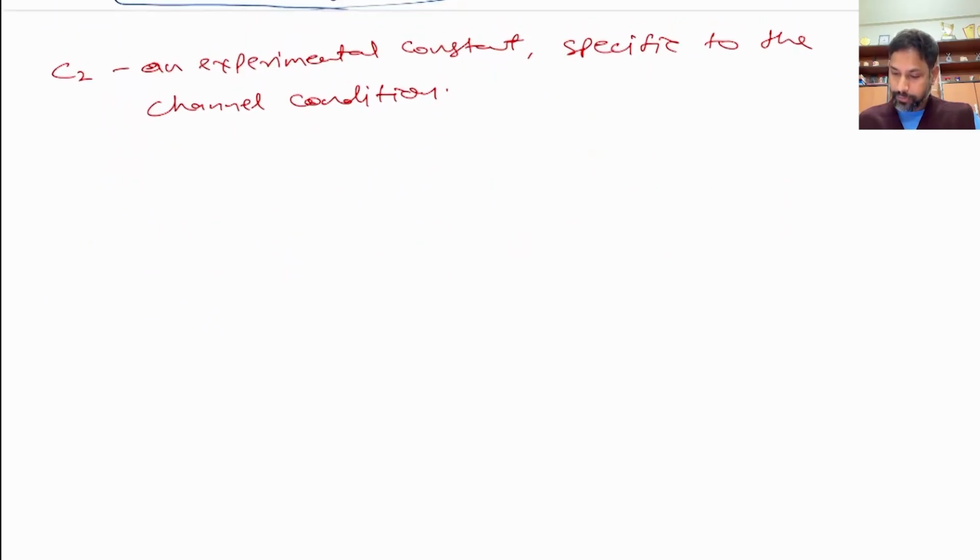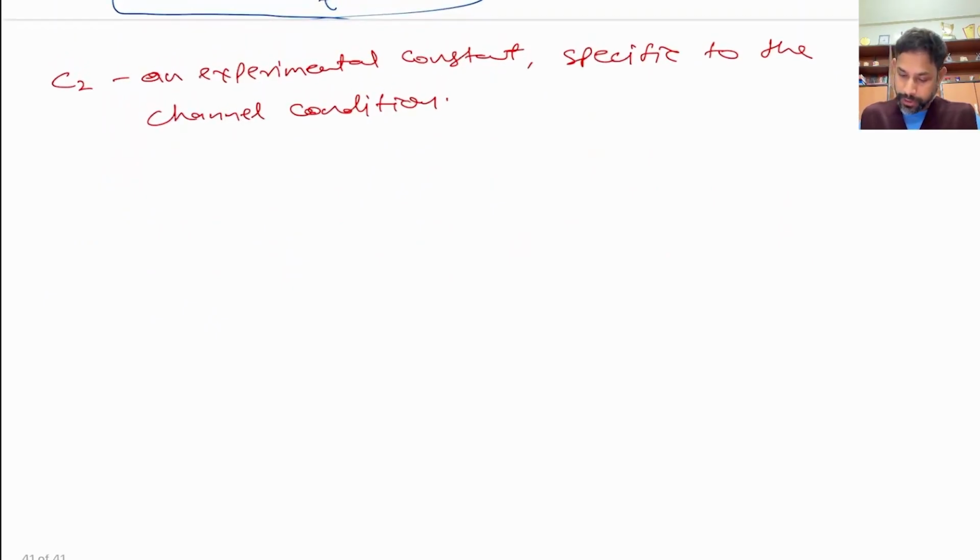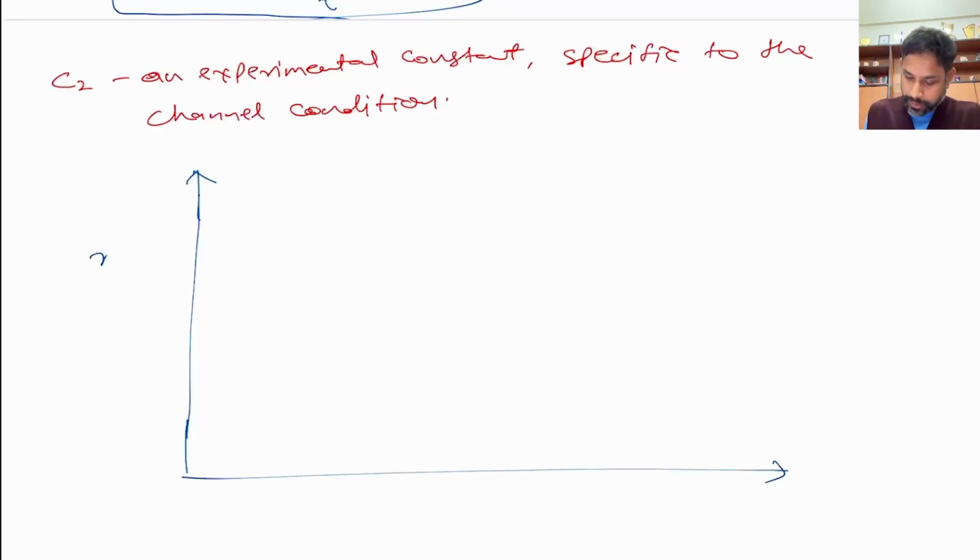If you want to plot the position of the gravity current, so if this is your xn and this is your time, then when the gravity current is getting injected with continuous flux, it will just go linearly, right?